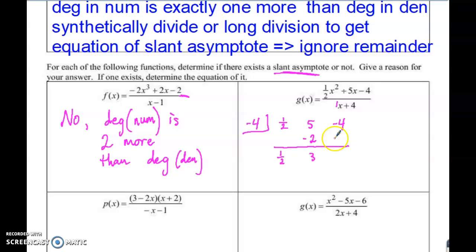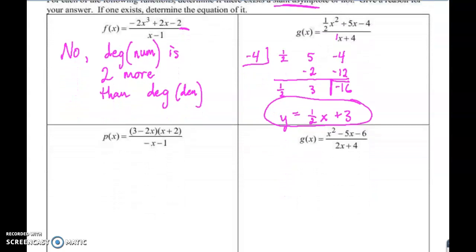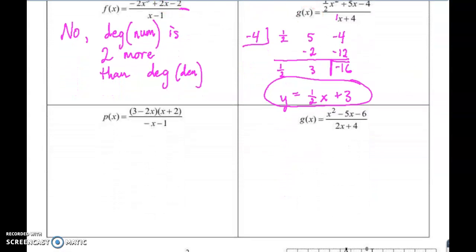Multiply that would give me -12. And you get -16. So my remainder was not 0. So the equation of my slant asymptote would be 1/2 x plus 3. Hopefully that makes sense. So I'm going to move on.